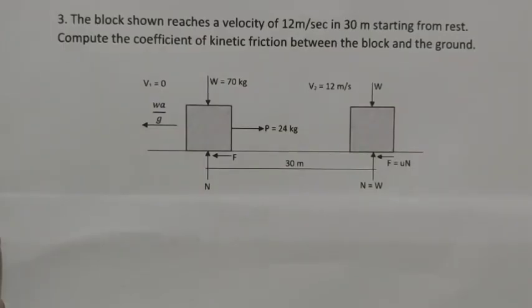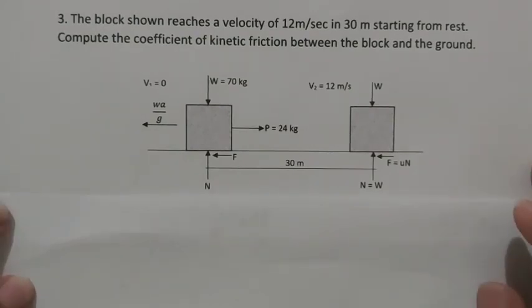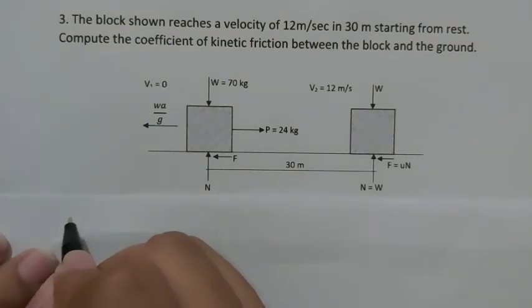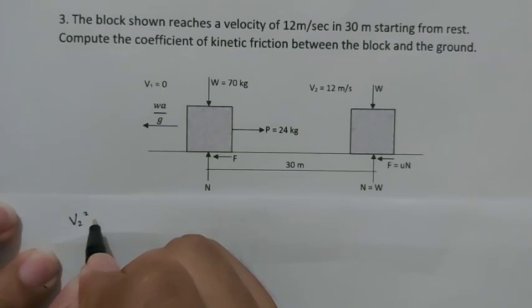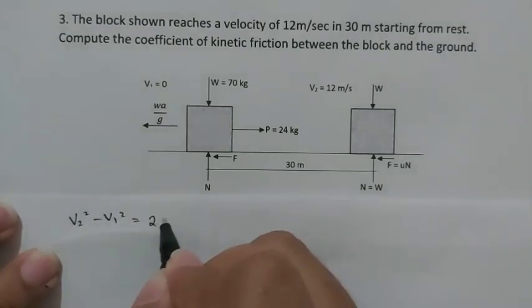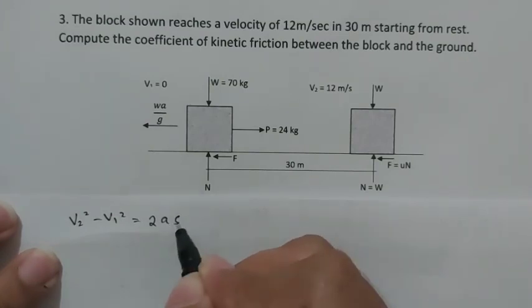Problem number 3. The block shown reaches a velocity of 12 meter per second in 30 meters starting from rest. So, compute the coefficient of kinetic friction between the block and the ground. Okay. So, to get the acceleration, pwede tayong gumamit ng formula for velocities, which is v sub 2 squared minus v sub 1 squared is equal to 2 times acceleration times the distance.